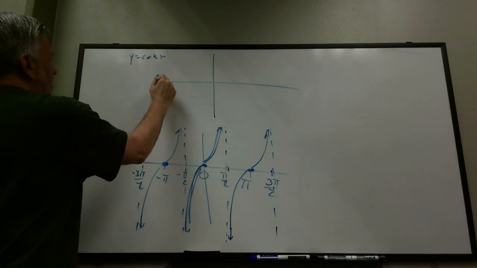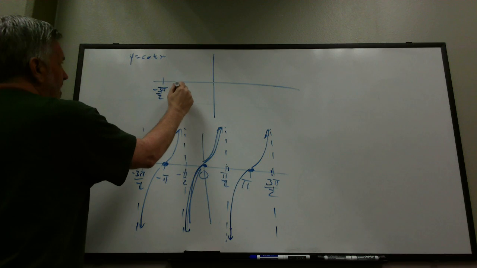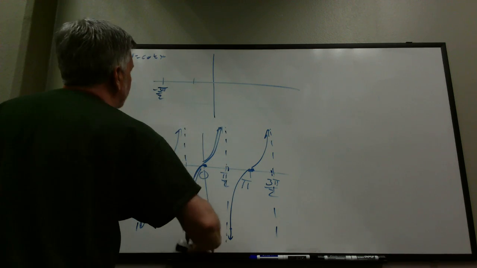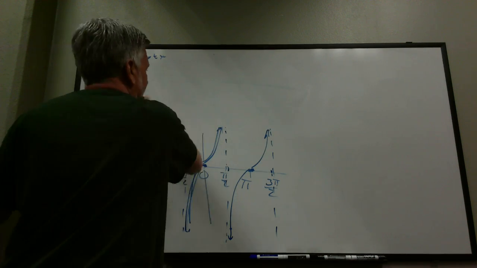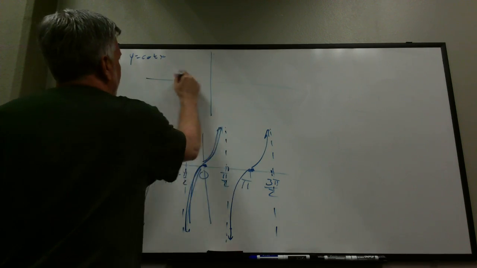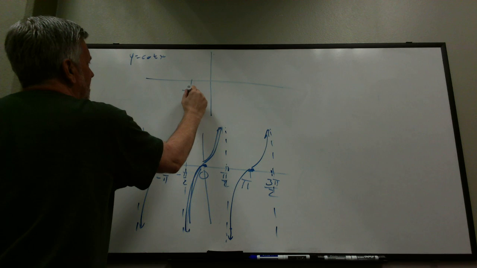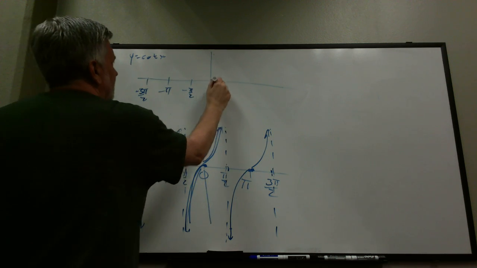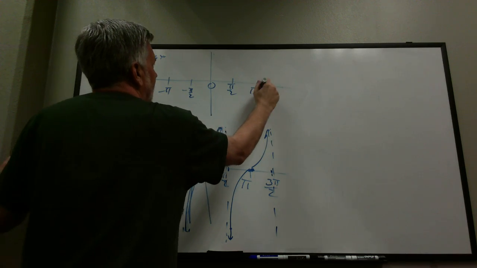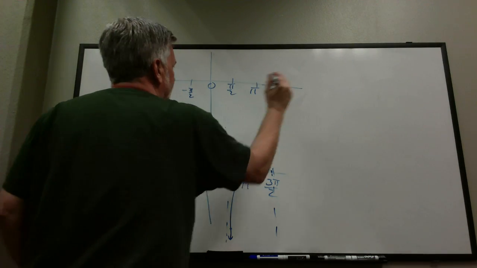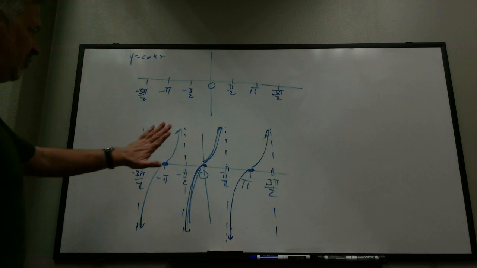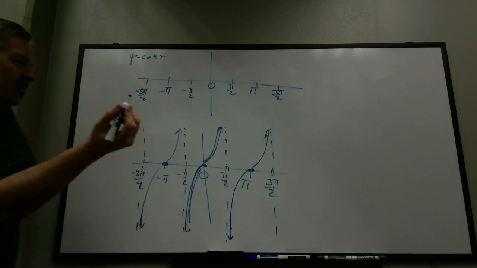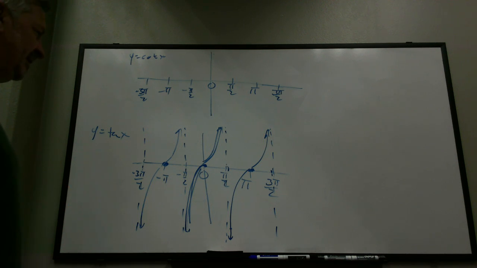Let me use these same values: minus 3 pi over 2, minus pi, minus pi over 2, 0, pi over 2, pi, 3 pi over 2. I'm trying to use the graph of tangent to sketch the graph of cotangent. Again, I could have made a table just like I did before, but I'm trying to explain a technique here.